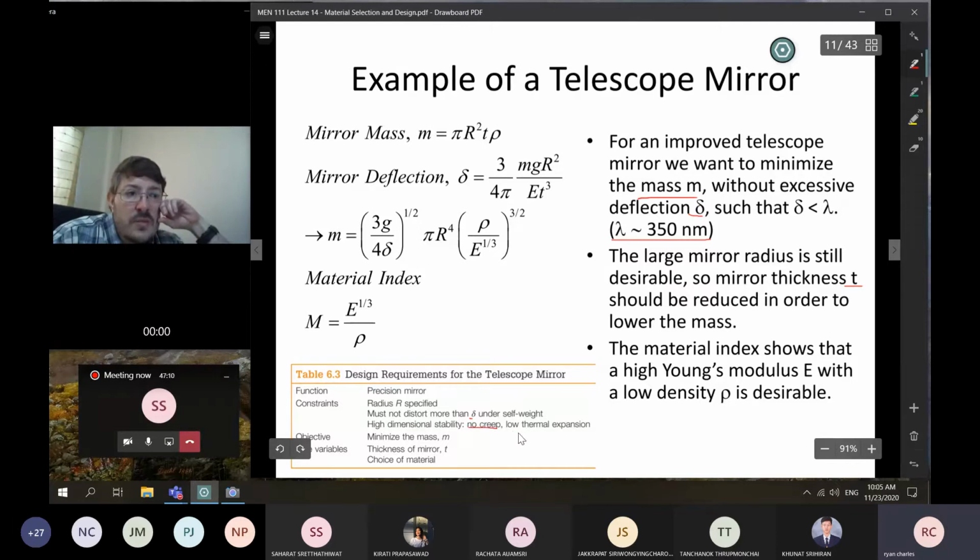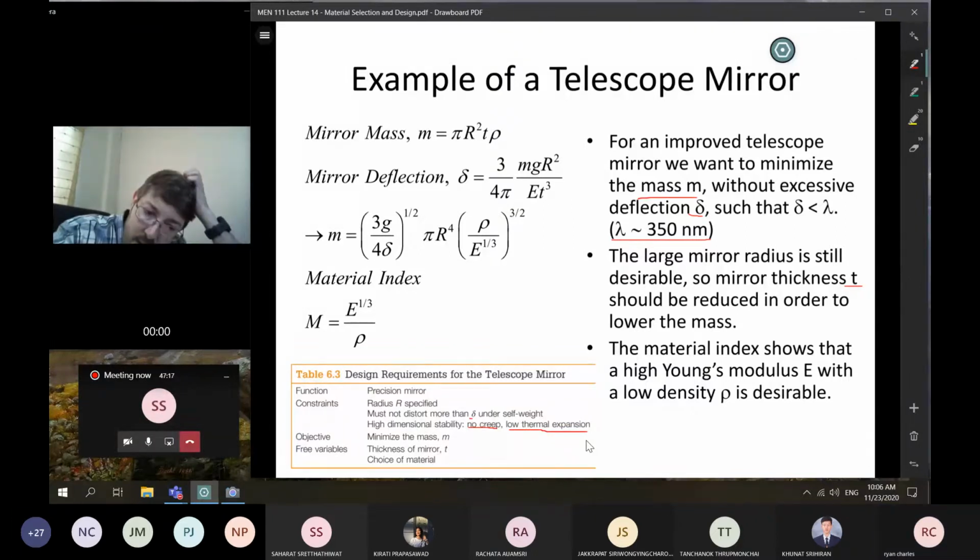Creep, no creep, low thermal expansion, right? Thermal expansion. The mirror gets hot, the mirror gets cold, right? If it's changing dimension, again, it might be changing the curvature and the focus goes out of whack, right?